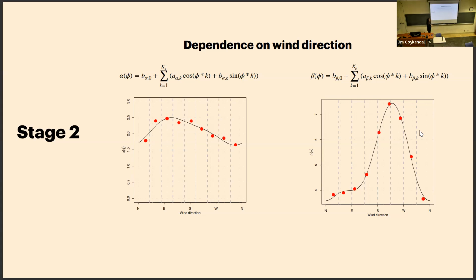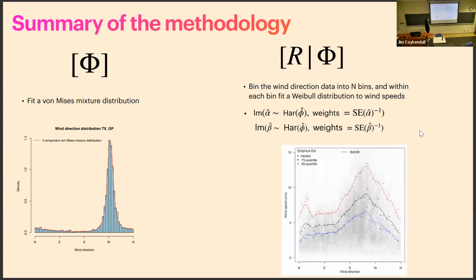And the outcome of our regression is the black line on this graph, and the points represent the parameter estimates from the previous step. And again, we see that these curves are very close to our points, meaning that they estimate them very well. So this gives us, again, the dependence of the parameters on wind direction, which means that we know the distribution of the directional wind speed.